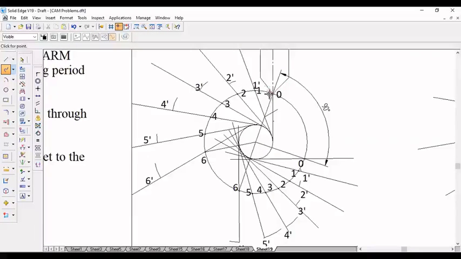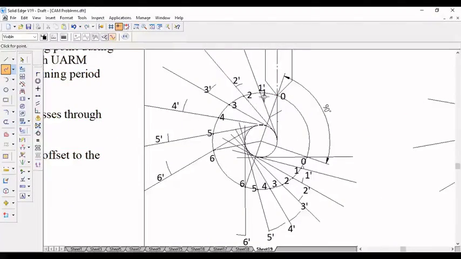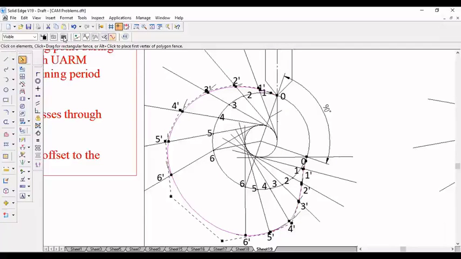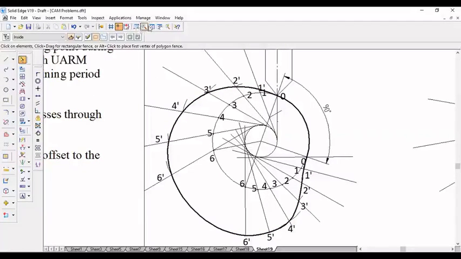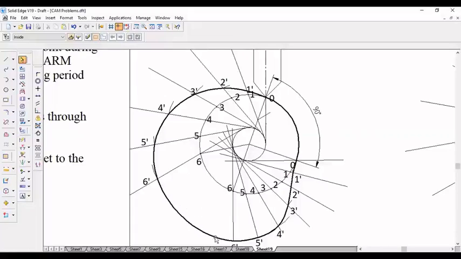While you are drawing manually, you must draw a smooth curve, as smooth as possible. Fine. After drawing the curve, this curve will be your cam profile.